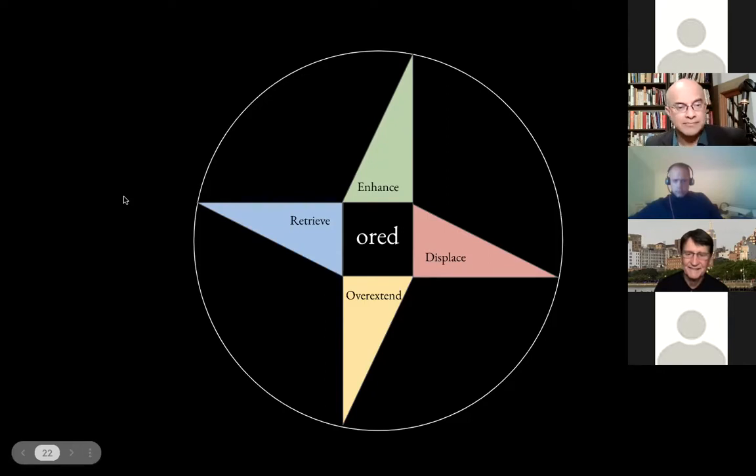What Jeff said and then what you said about figure and ground, I'd like to propose a slightly more dynamic way of looking at it, which is that each one of these four things takes its turn being the figure. Like right now, we're very aware of the overextend part of digital media.